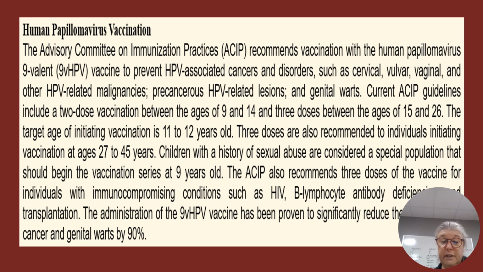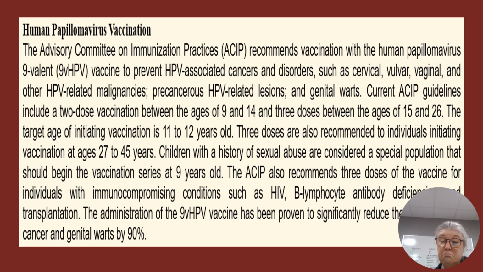Now, they do say that you can give the vaccine as early as 9 years old, which is so sad, because this is children who we consider to be at particular risk. So whether this is sexual abuse, whatever the circumstances may be, you can give that vaccine as early as 9 years old, but that target age is 11 to 12 years old.